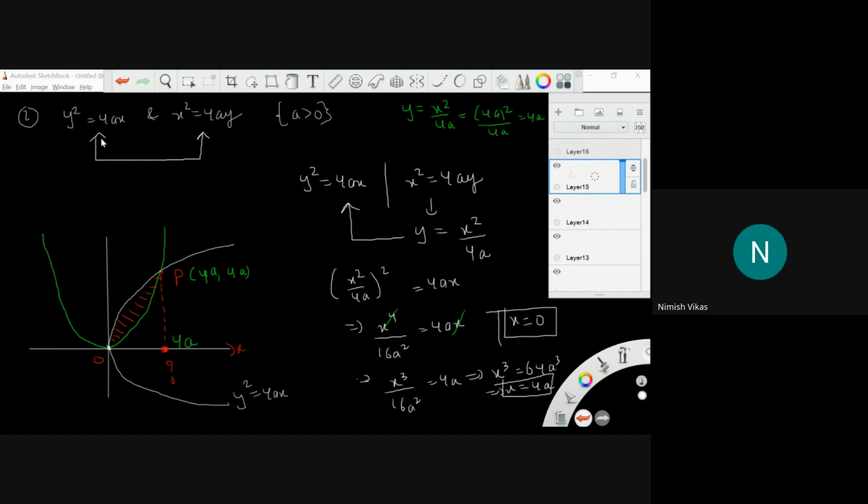The special property is that they are reflections of each other. They are reflections in the line y is equal to x.